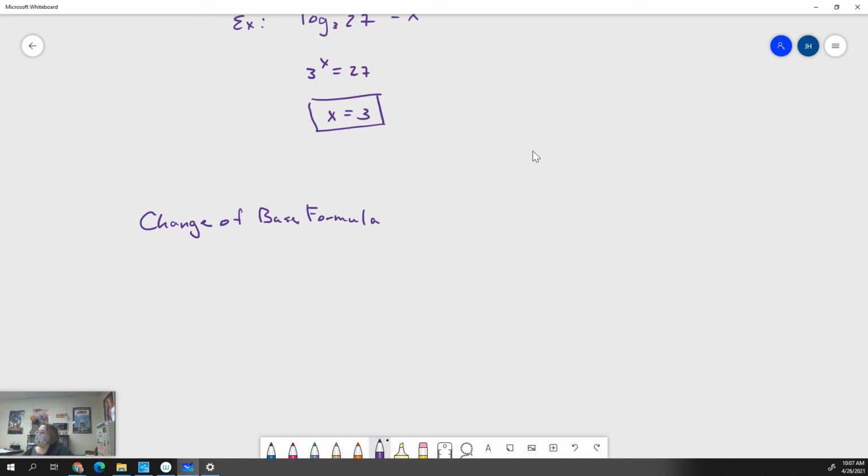So if I have log base b of a, I can write it as log of a over log of b, and that gave me base 10. Notice these don't have any bases, so they're automatically base 10, and it allows us to plug them into a calculator and get a solution for the problems.